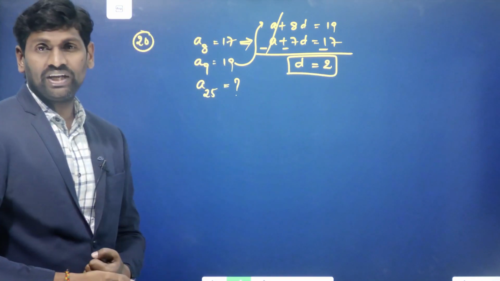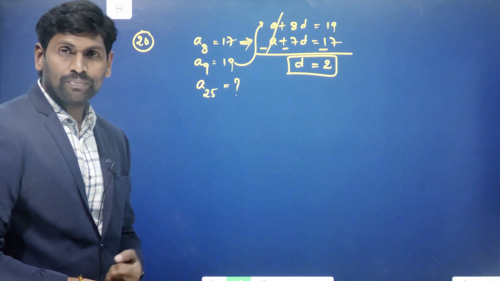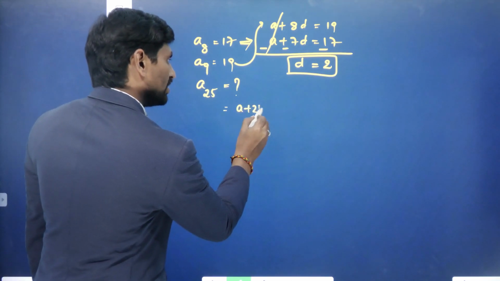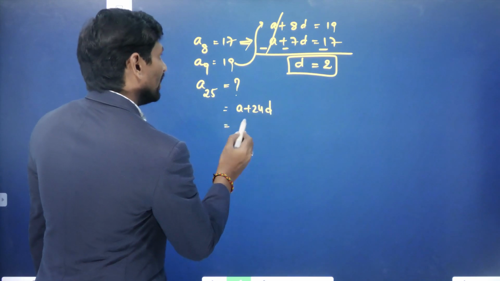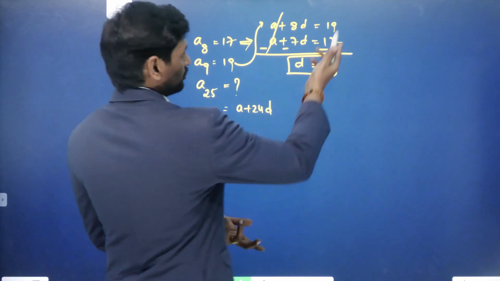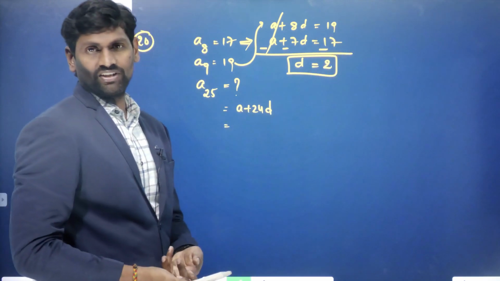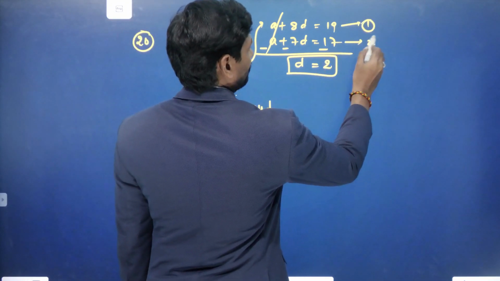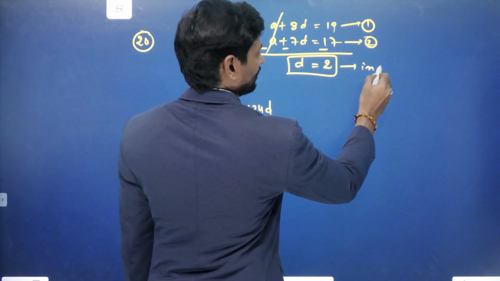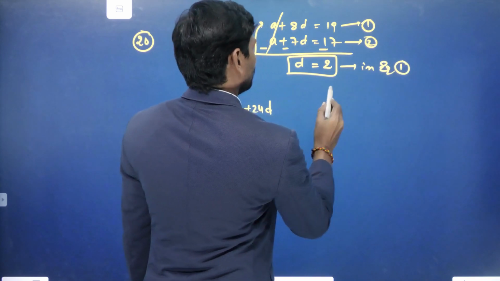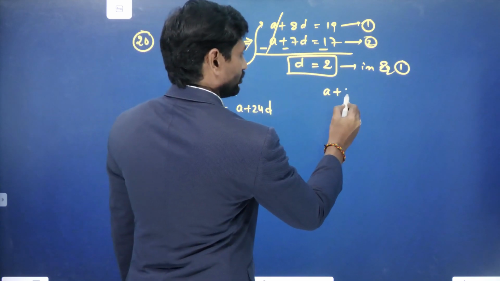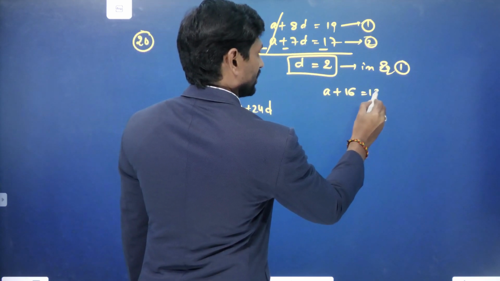Now what do we have to find? The 25th term is nothing but A plus 24D. What is the A value? If you substitute into any one of the equations, you will get the A value. Now I am taking equation 1 and substituting the D value. So A plus 8 into 2, which is 16, is equal to 19.